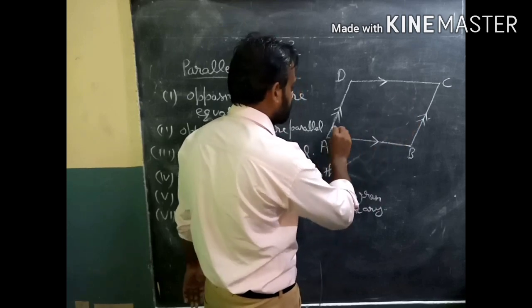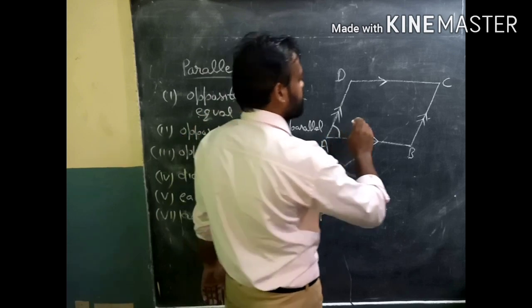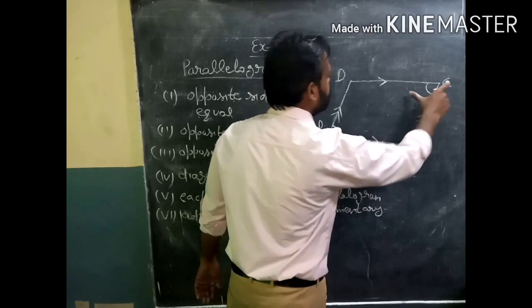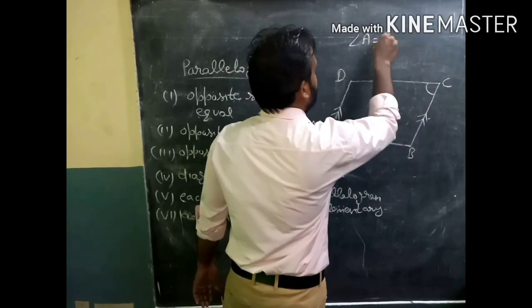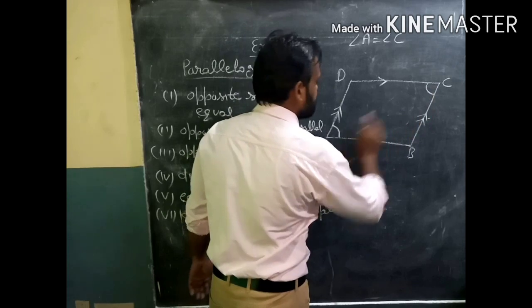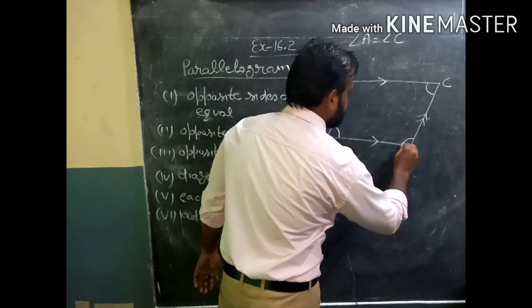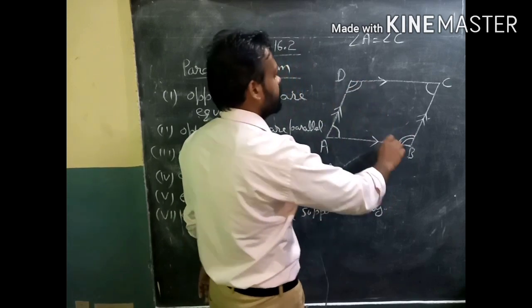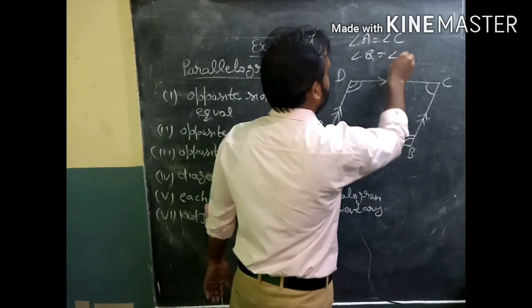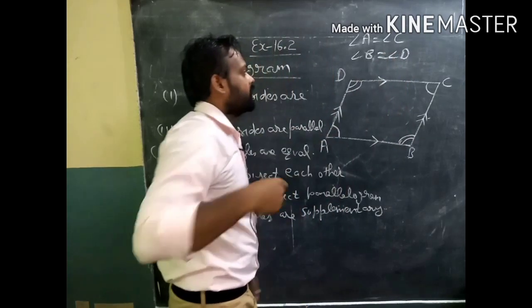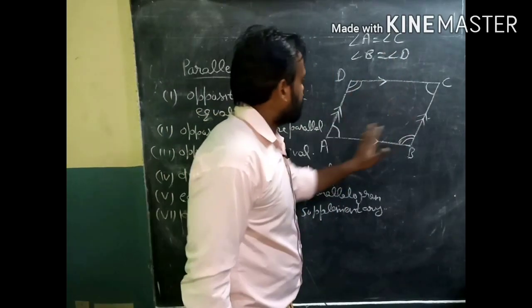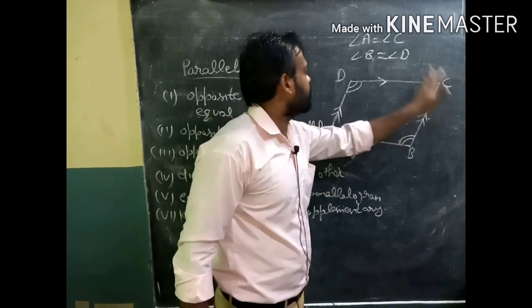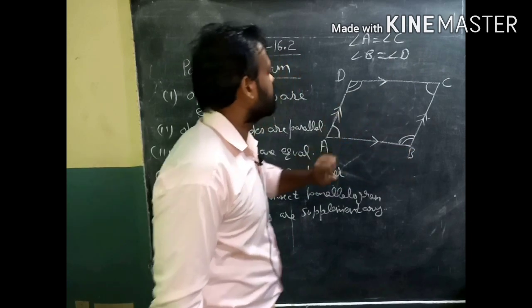Angle A is exactly opposite to angle C, so angle A is equal to angle C, and angle B is equal to its opposite angle D. So angle B is equal to angle D.